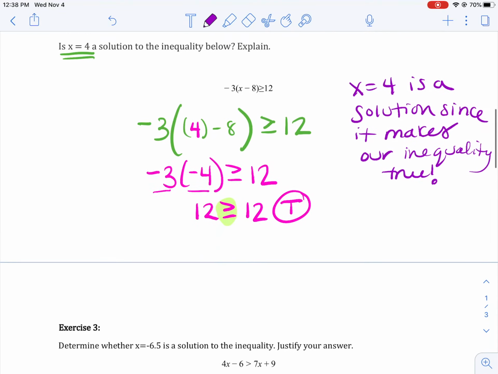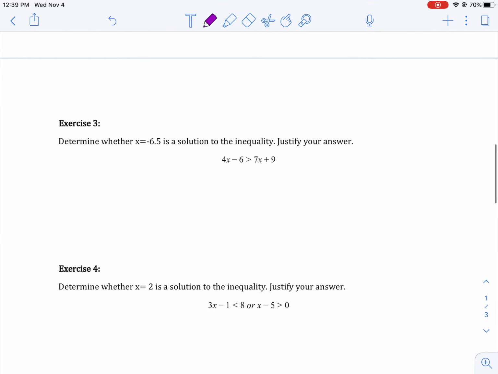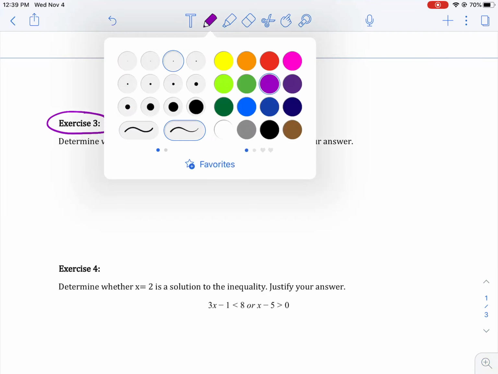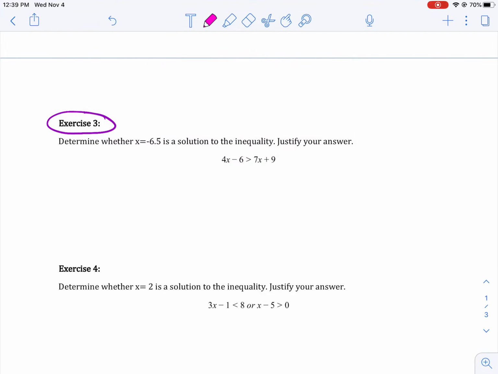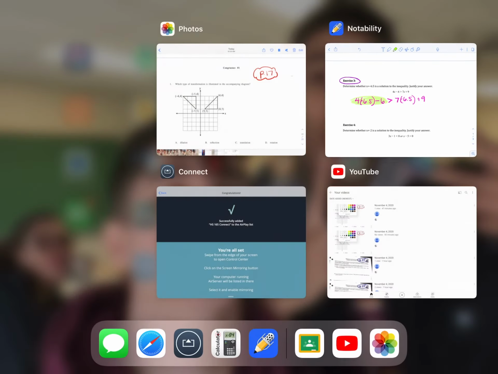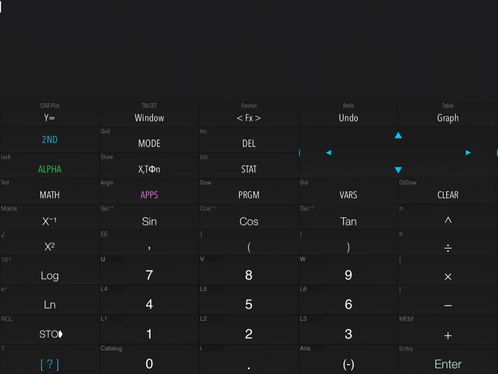Okay, so I think you're getting the hang of it, hopefully a little bit. Let's look at one like this, where we have maybe 2 things to plug in. So 4 times -6.5 minus 6 is greater than 7 times -6.5 plus 9. Let's evaluate this. And again, I would probably take my calculator, so I'm going to model for you what you should be doing here.